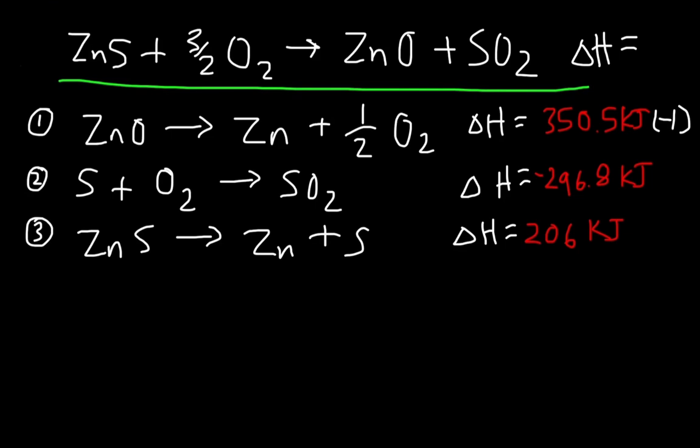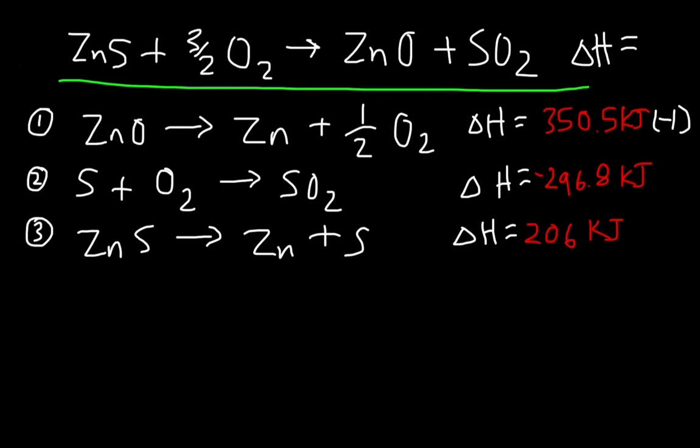Notice that sulfur dioxide is on the product side, and so is it in the original equation. The coefficients are just 1 and 1, so they're the same, so I do not have to do anything. I do not need any sort of rearrangement.